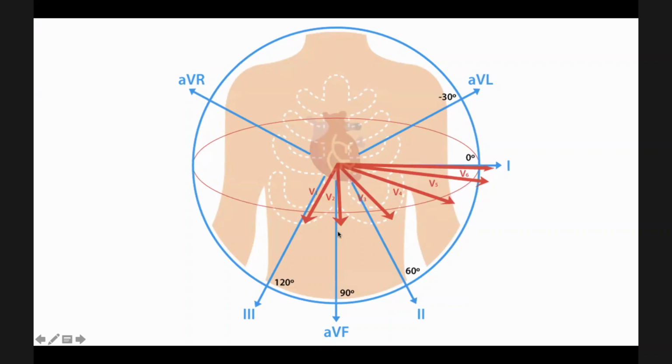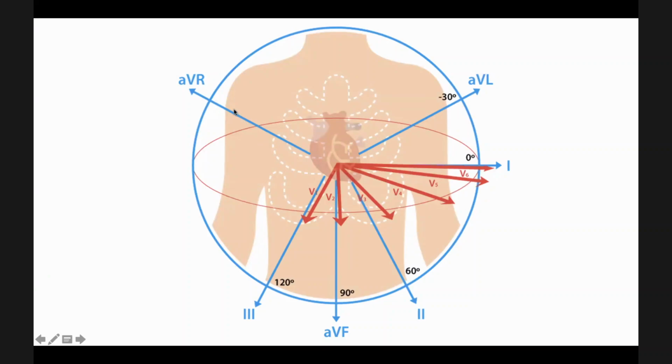Usually V1 has a very small R, and going towards V2, V3, V4, V5, V6, V6 usually has the tallest R. That is in a normal person.